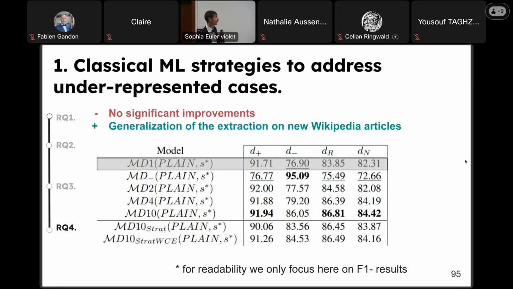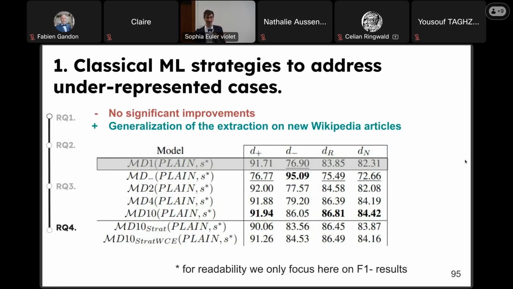And from these results, we do not observe significant improvements. But one positive outcome could be underlined. We are able to generalize our extraction to new Wikipedia articles, which is a good thing.